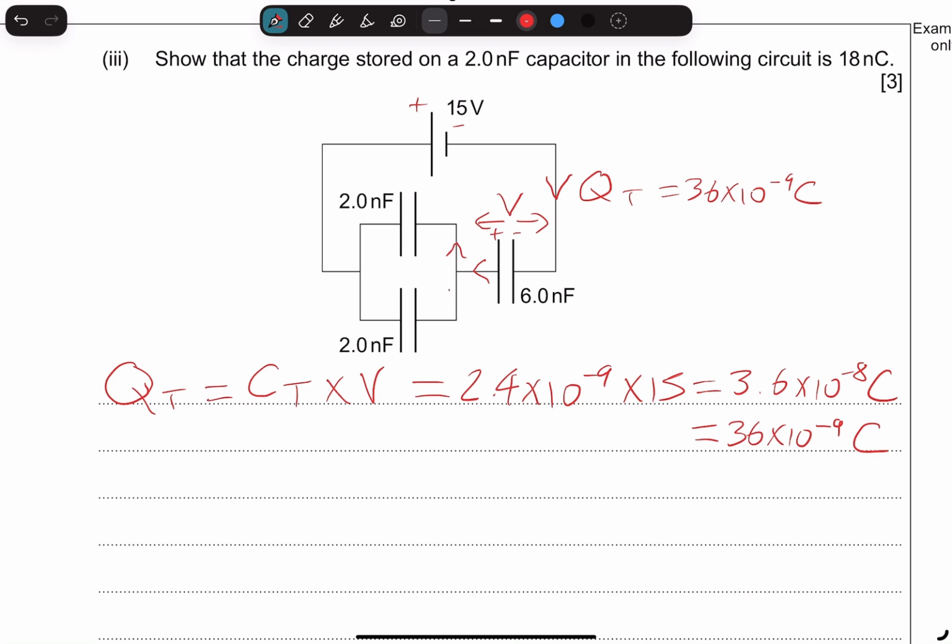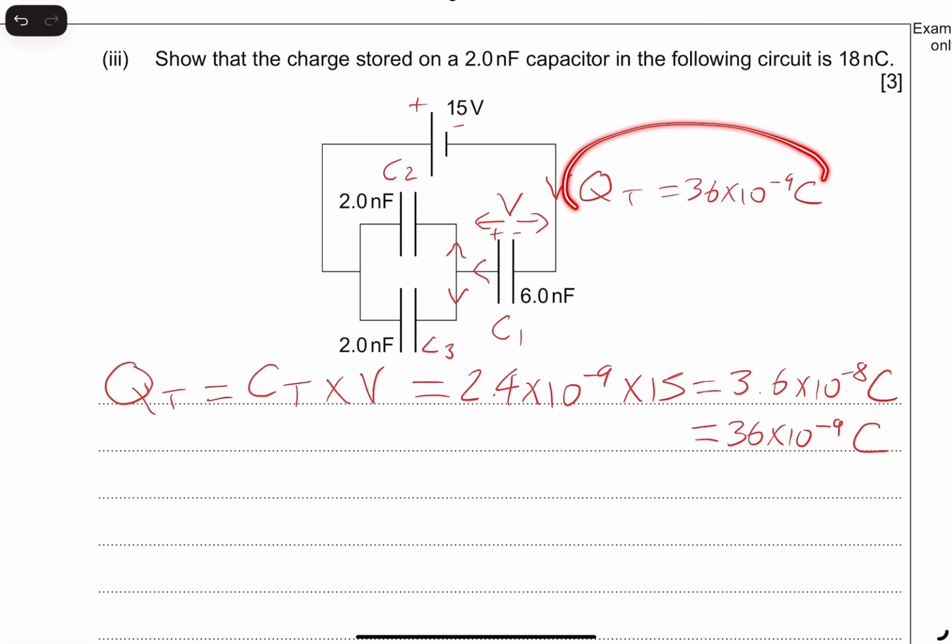Some of it will flow that way, and some of it will flow that way. So if we call this capacitor C1, this capacitor C2, and this capacitor C3, we know that the charge Qt, this charge here, is going to be split between this capacitor and this capacitor. It's going to split along here like this.